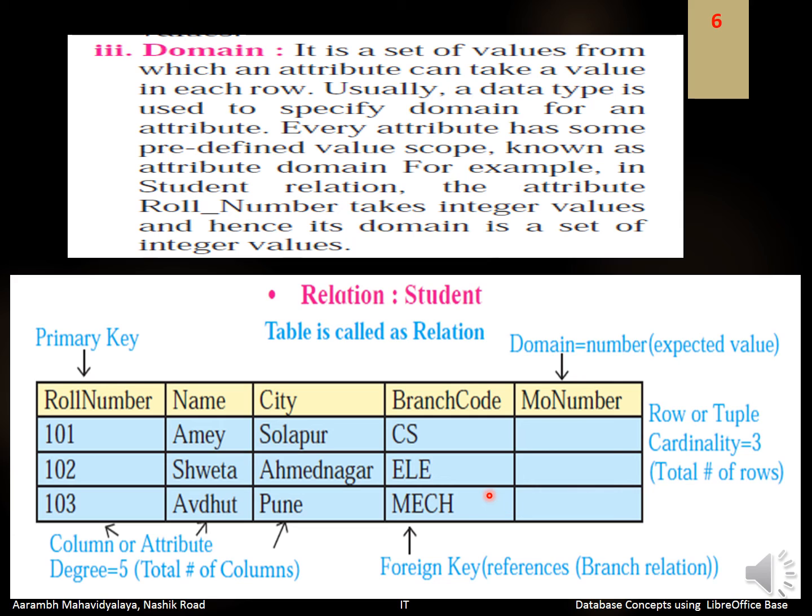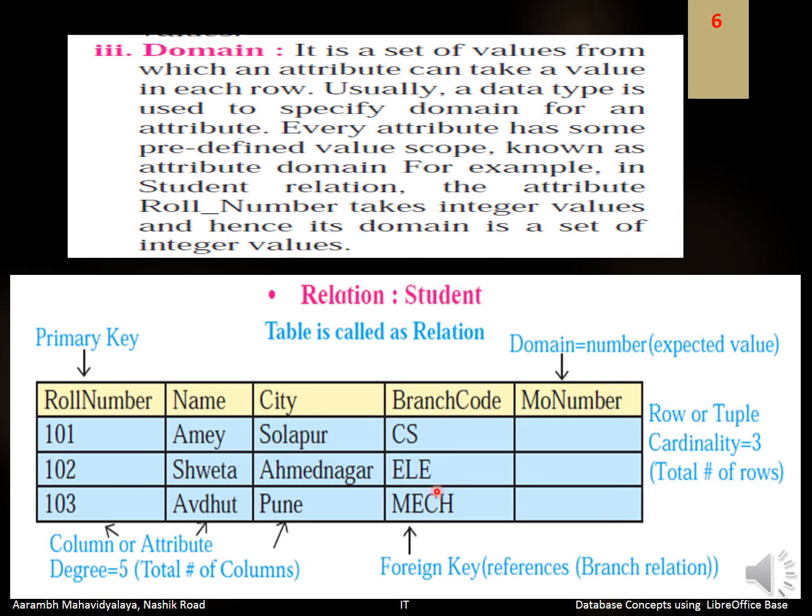Usually a data type is used to specify the domain for an attribute. Every attribute has some predefined value scope known as attribute domain. For example, in this table, the attribute roll number takes integer values and hence its domain is a set of integer values. Similarly, name is a character, therefore its domain is a set of character values.